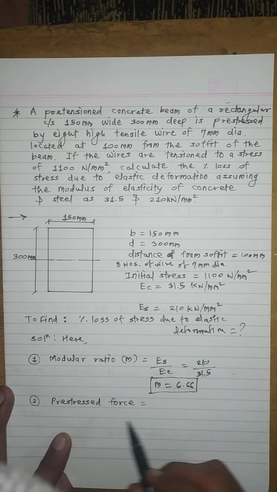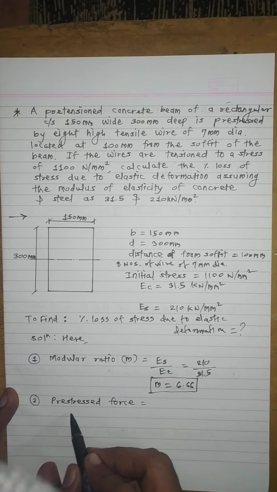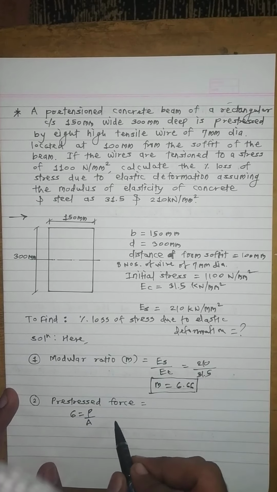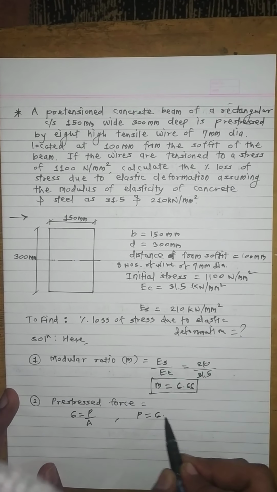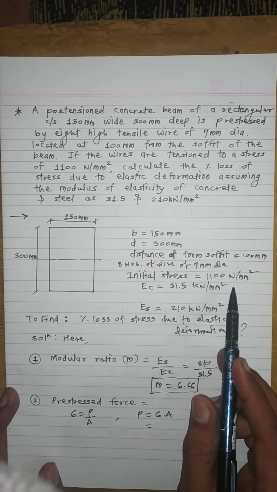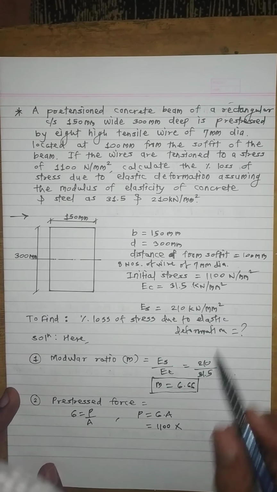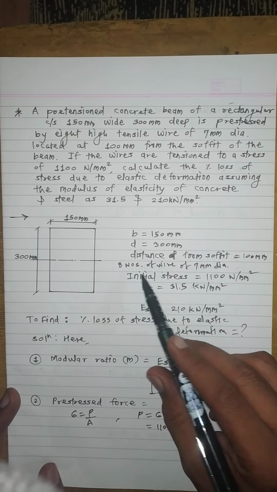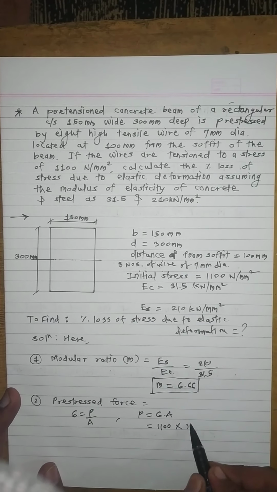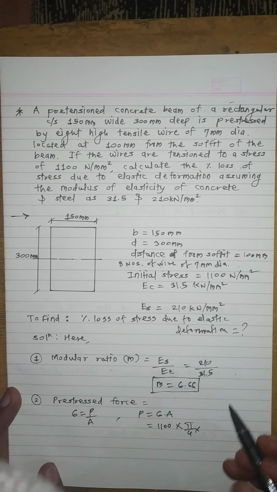Then the second step, to find the pre-stress force. We know the equation of stress, sigma equal to P divided by A. Here we want to find P, so P equal to sigma into A. Initial stress is given in the problem, which is 1100. Here area means the area of the high tensile wires. 8 numbers of high tensile wire with 7 mm diameter are given. For a circular section, area equal to pi by 4 into d square, where diameter of wires is 7 mm.